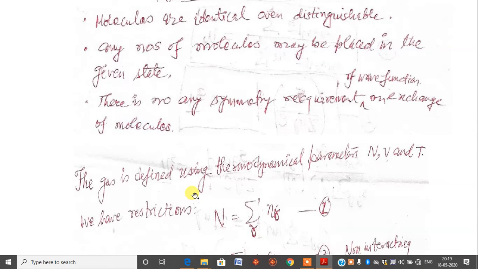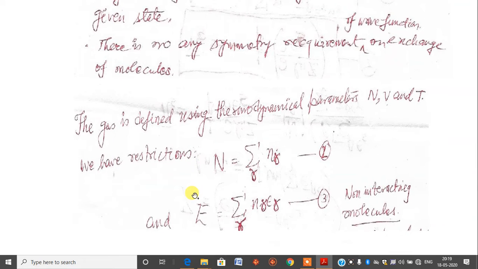So we have a gaseous system where N molecules are occupying a volume V of the container, and it is at temperature T. The total energy of the N gas molecules is capital E. In that situation, we can write the total number of molecules according to this relation.